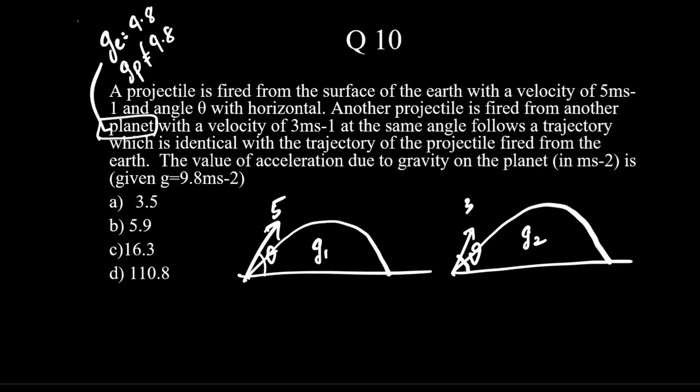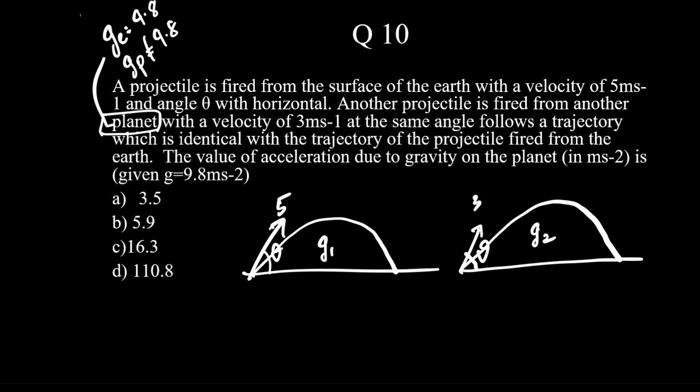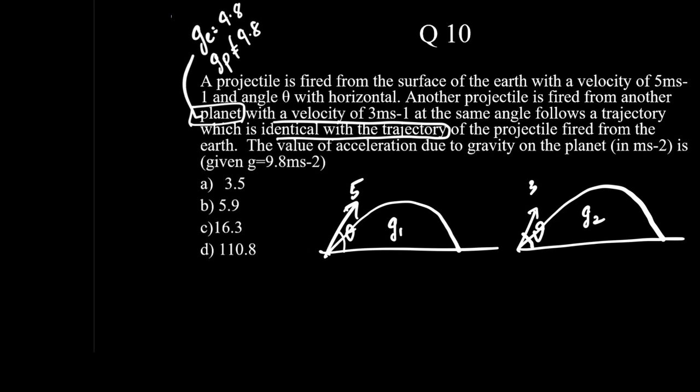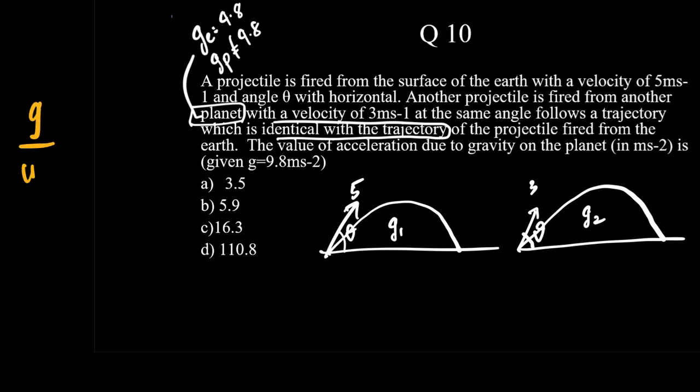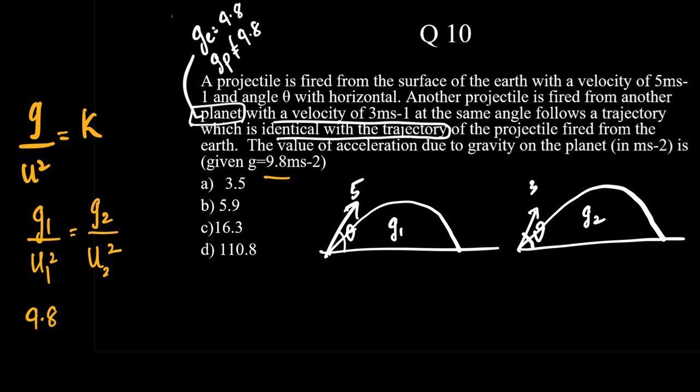So we know that when we have an identical trajectory, the equation we use is very simple: g by u square is equal to a constant, which means g1 by u1 square equals g2 by u2 square. g1 is given to be 9.8, u1 is given to be 5, so 5 square. We need to find g2, and u2 is 3, so 3 square.